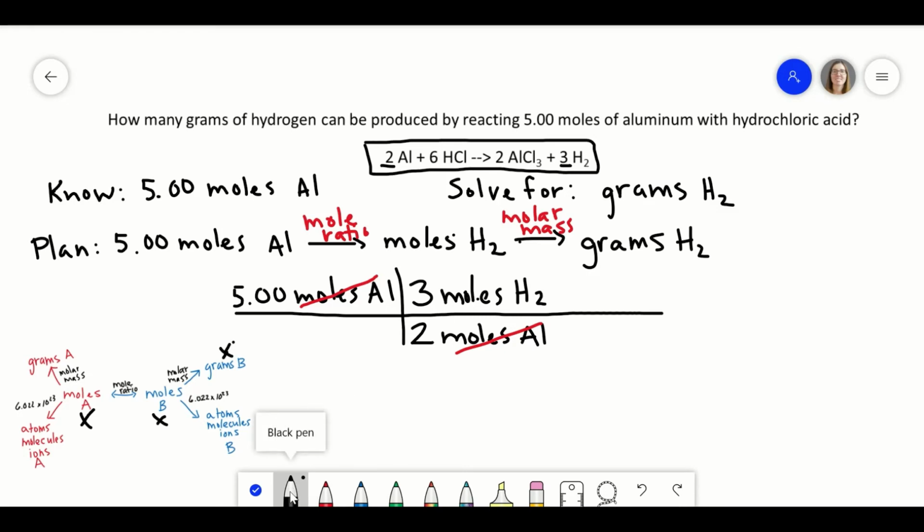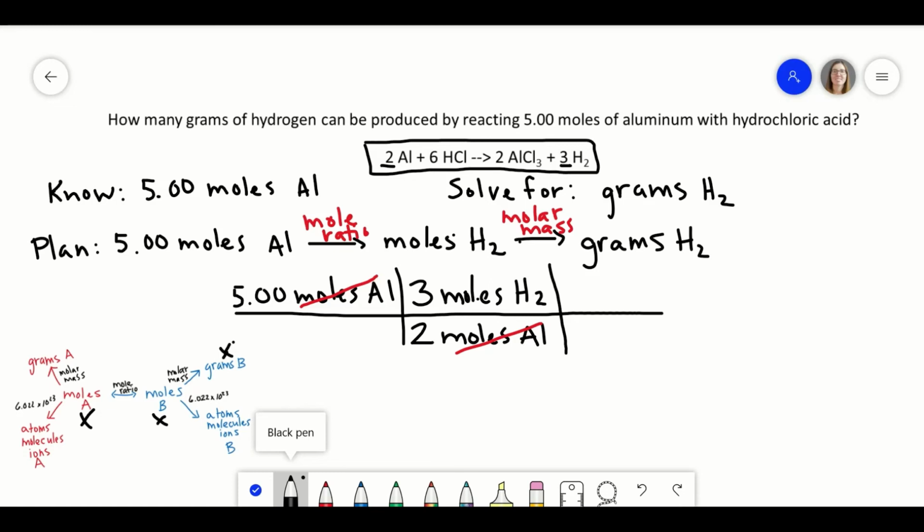So if I'm following my plan, our next step is to go to grams of H2. And to do that, we use the molar mass. Again, there's a previous video on how to use the periodic table and calculate the molar mass, but for this video, I'm simply going to give it to us. And also recall that molar mass has units of grams over moles, and as a conversion factor that could be flipped around and it could have units of moles over grams as well.